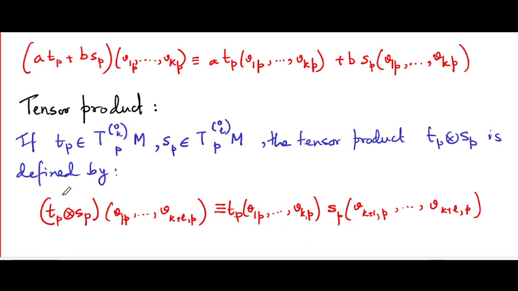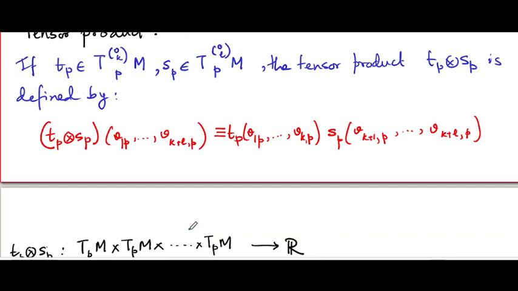The first factor, so to speak, T_P, gets the first k of the vectors in the argument list. S_P gets the next l, those numbered from v_{k+1} to v_{k+l}. And both of these, of course, return numbers. You just multiply these numbers together to form T_P tensor product S_P's action on k+l input vectors.